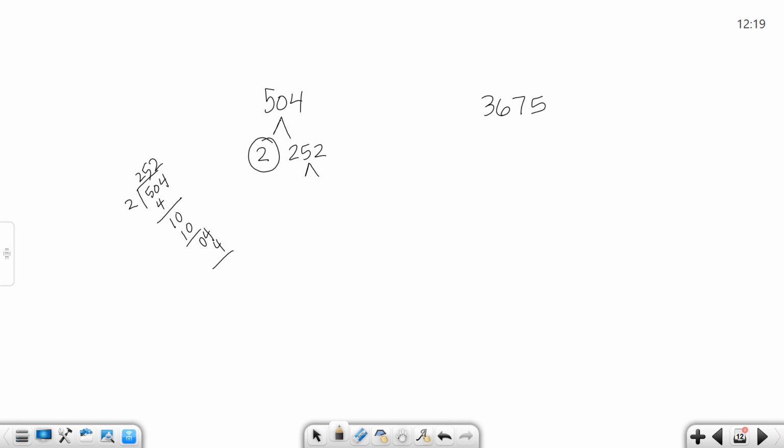I don't really know my tables that go into 252, so I'm just going to start with 2. This is going to be 2 times 126. Okay, so let's keep going. 2 goes into 12 6 times, and 2 goes into 6 3 times. Okay, you could divide it out if you needed to.